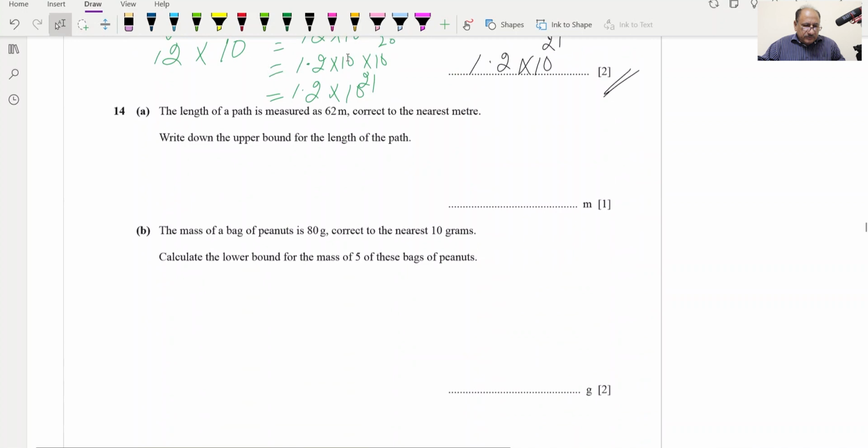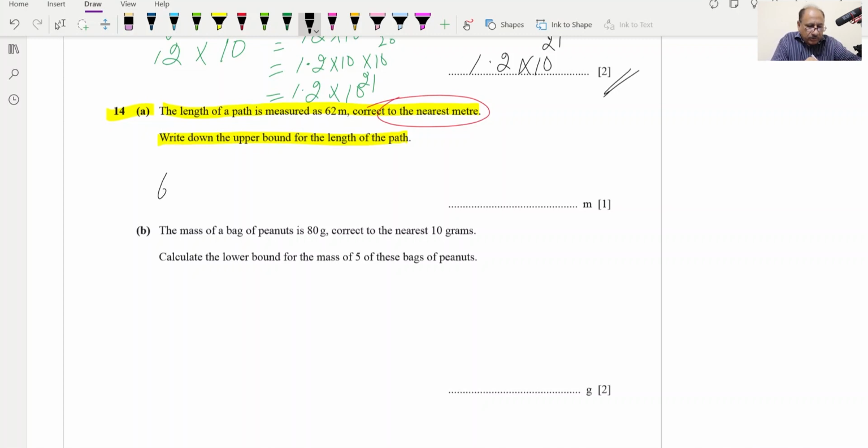Hopefully you got this. Now question number 14, A part. The length of a path is measured as 62 meters, correct to the nearest meter. This is important. Then write the upper bound for the length of the path. We add and subtract half a meter for upper bound and lower bound.